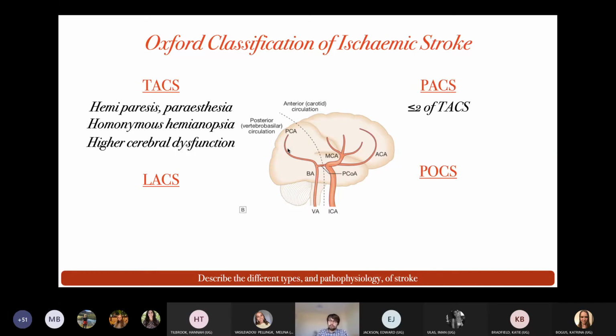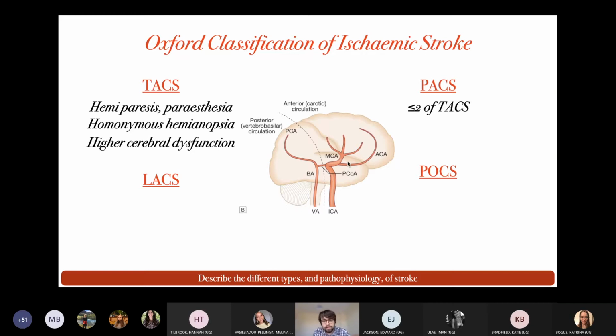A patient presents with weakness on one side, a visual field defect that's a homonymous hemianopia, and they can't speak properly. It's a TACS. Okay? So LACS is even more specific because LACS means lacunar infarcts, and the lacunar branches are deep penetrating branches of ACA and MCA, they're not for the higher up structures, they're for the deep lacunes, okay?